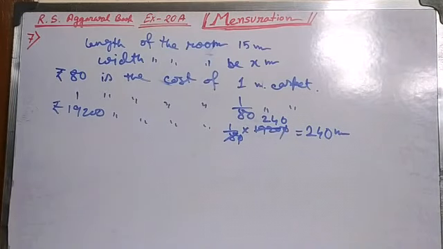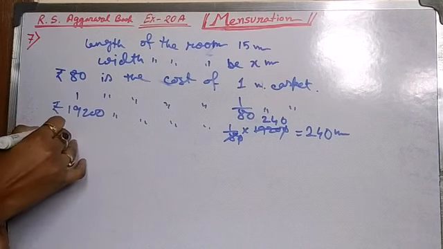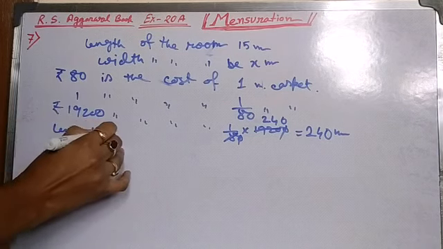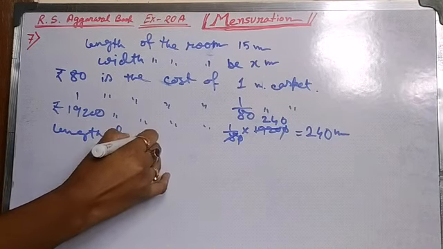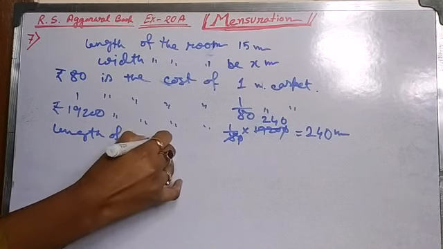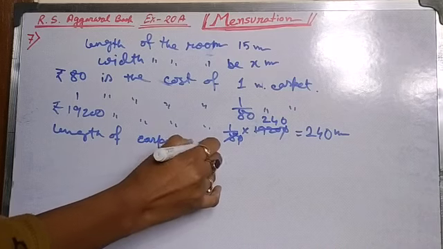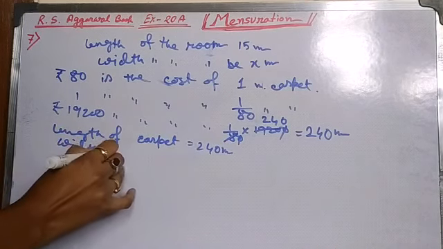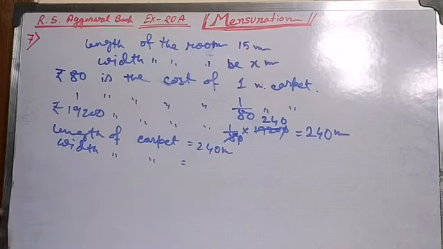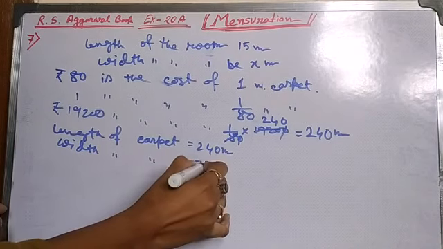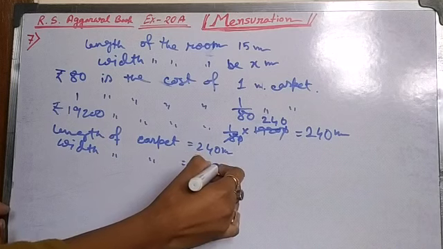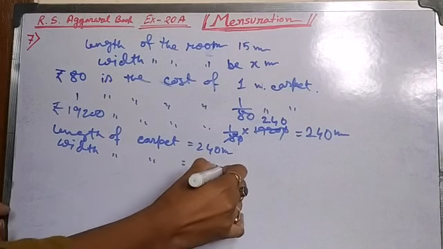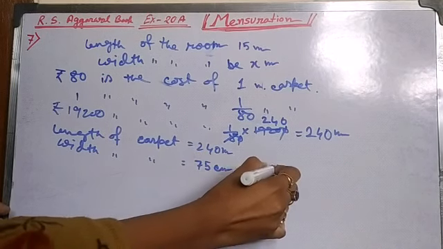The length of the carpet is 240 meter. Length of carpet equal to 240 meter. Width of the carpet is given 75 centimeter, so it should be converted into meter, 0.75 meter.